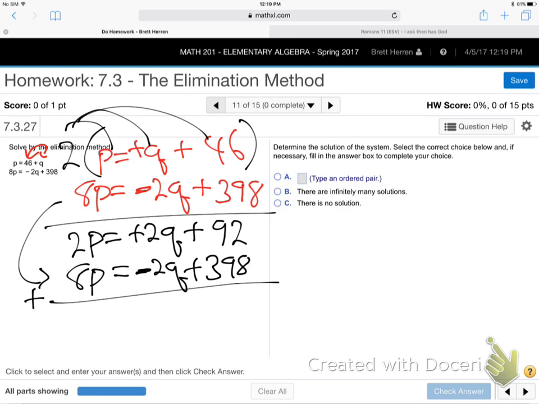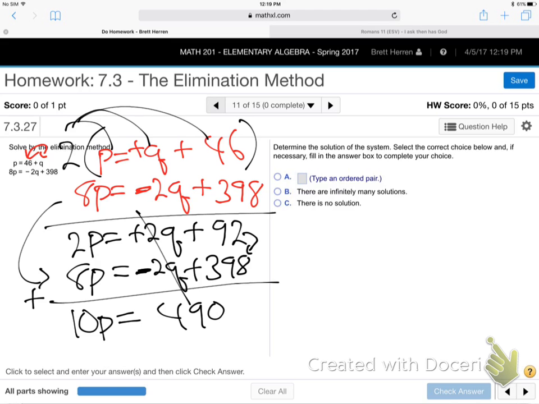Good to there. And then the Q's cancel, and you get 10P equals 490. Because I just added that little 2 to 398, made 400, and then the 90. Anyway, you can just calculate it.